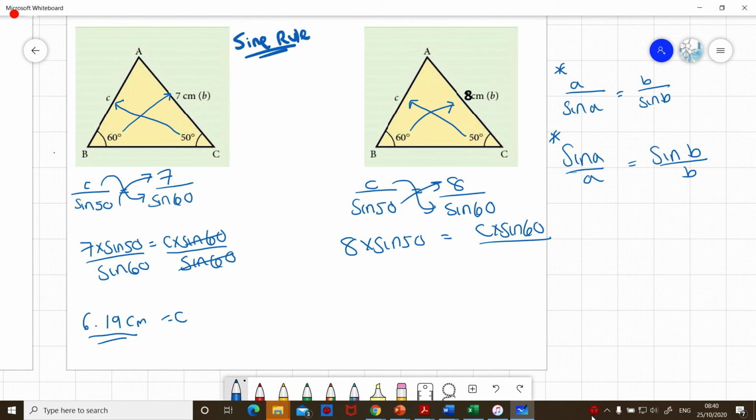Then I want to get rid of the C, so I divide by sine 60 and divide by sine 60. So that cancels out with that. That leaves me with C is equal to this fraction, which I'm going to do. So that gives us 7.008, which is 7.01 to 3 significant figures.